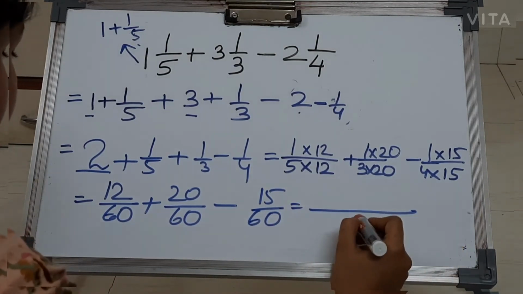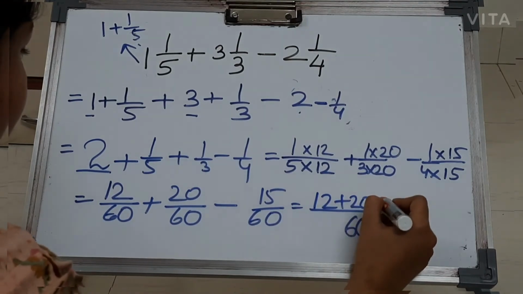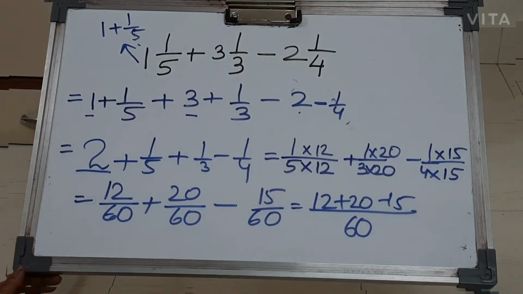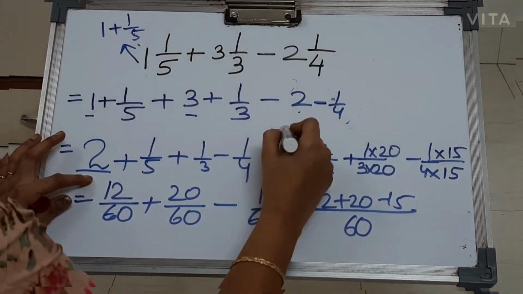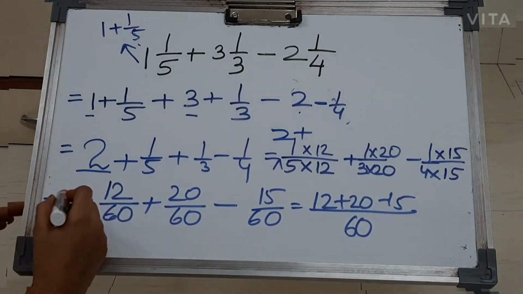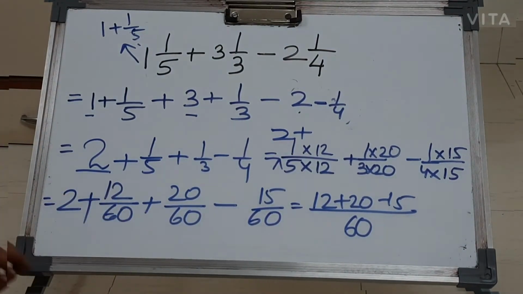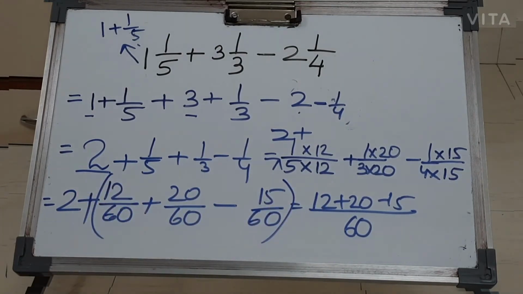Again common denominator step, 12 plus 20 minus 15. Now here in every step we will go on writing this number 2 plus, again here we will write 2 plus, and we go on with our same calculation.